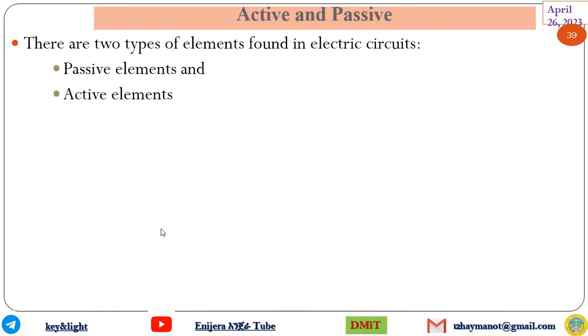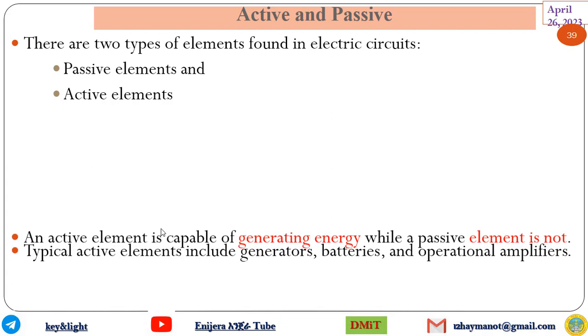Elements can be classified as passive and active elements. Active elements can generate electricity, and passive elements consume or use electricity. So before identifying the type of elements, we classify elements into two categories: passive elements and active elements.